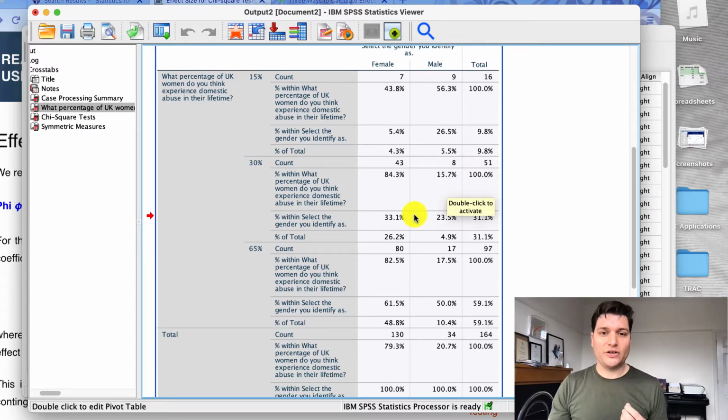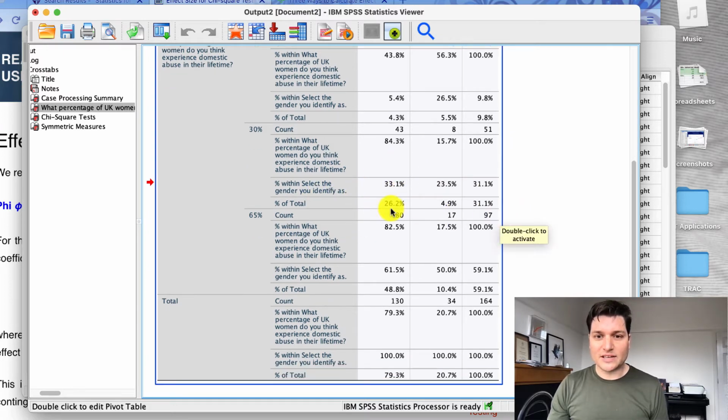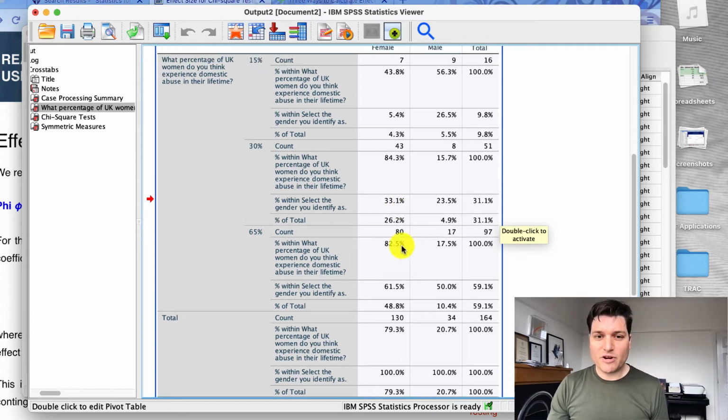It's not huge. It's just really where things are. We can see that 26.2% there. So you can really look at the differences and how they are, that it really starts to run away at the higher end.